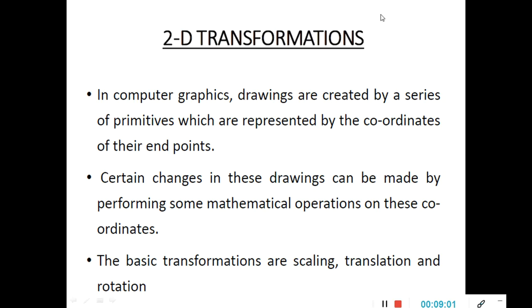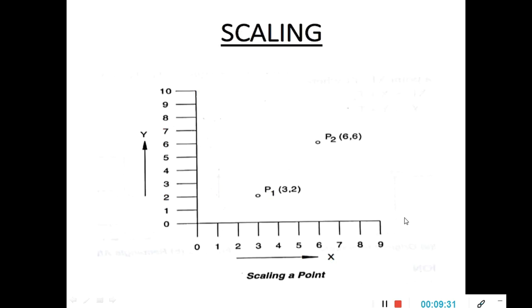The 2D transformation is an additional feature provided in a CAD system with computer graphics, where certain changes can be made on the presented product or a presented point. The basic transformation can be done with the help of either scaling, translation, or rotation. We will see one by one how the 2D transformation takes place.